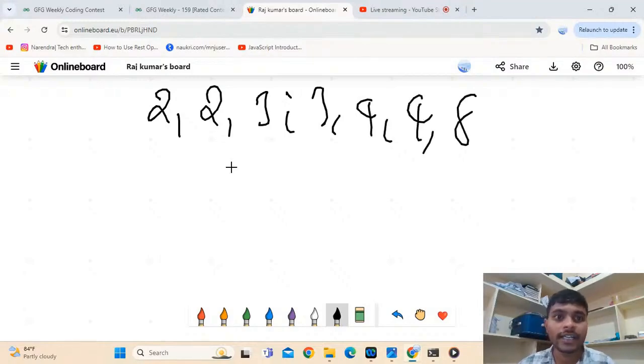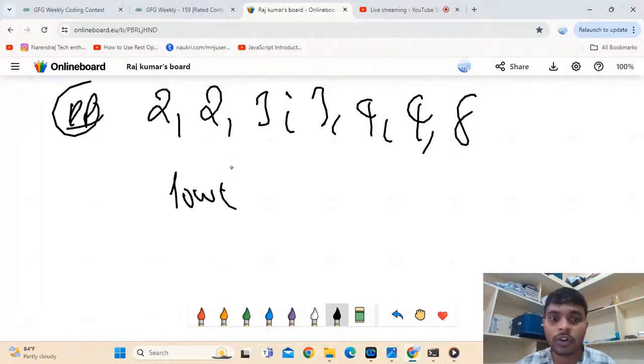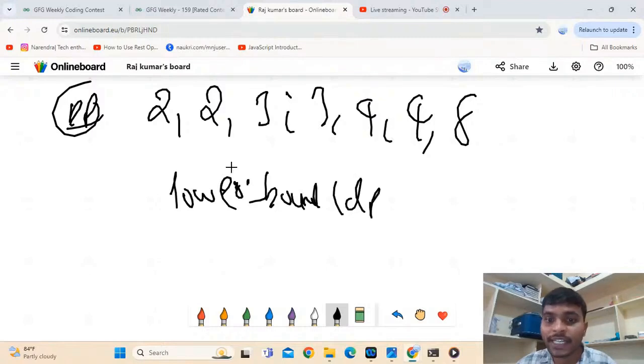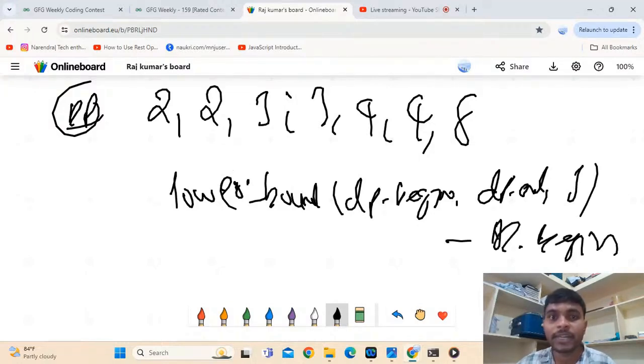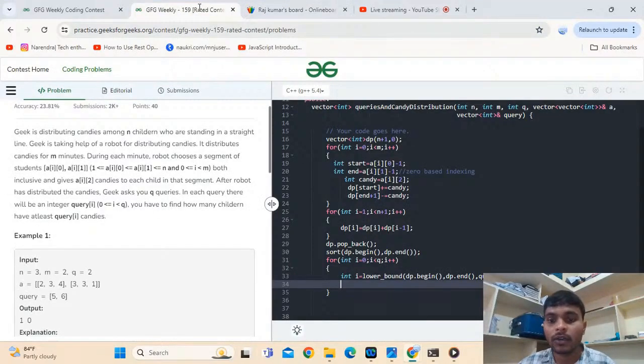If I want to find the numbers which are just greater than or equal to 3, I find this index by using the lower bound function. Suppose it is a dp array: lower bound dp dot begin, dp dot end, I am taking 3, minus dp dot begin. Here I did the same, right? Lower bound dp dot begin, dp dot end, query of I.